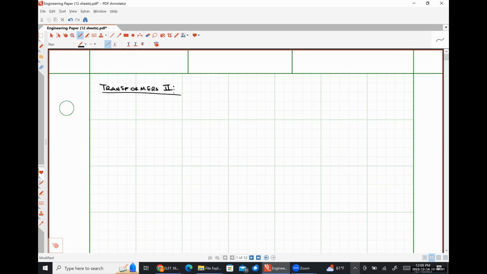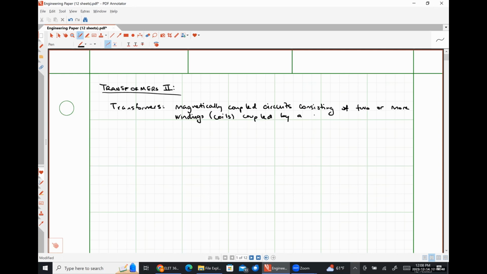And so we are going to consider a transformer to be a magnetically coupled circuit consisting of two or more windings, and our windings are what we've been calling coils to this point, coupled by a common magnetic circuit.